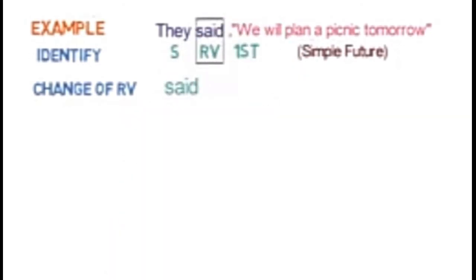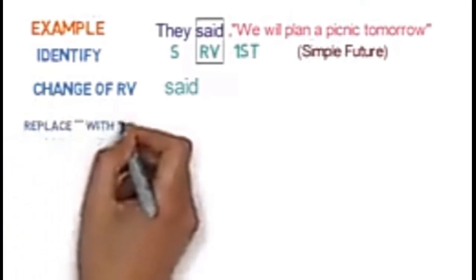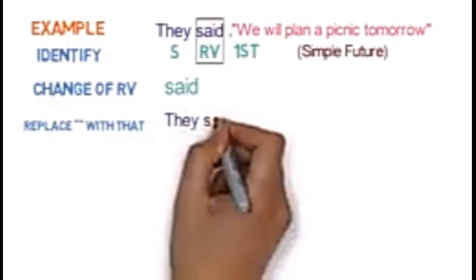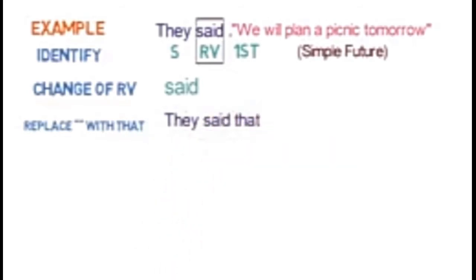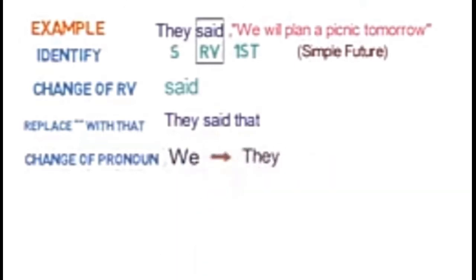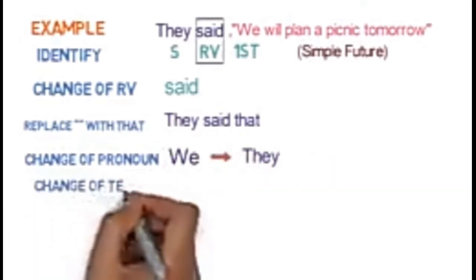The third step is replace inverted comma with that. So the sentence will become like this. They said that. Fourth step is change of pronoun. Here we is in first person and subject is they. So we will be changed to they. Now the fifth step is change of tense.